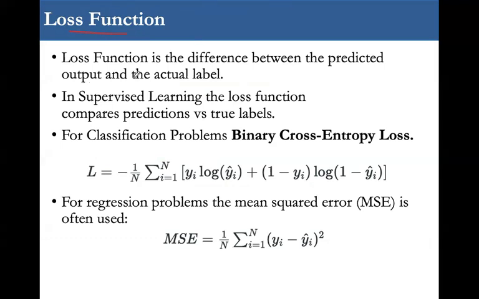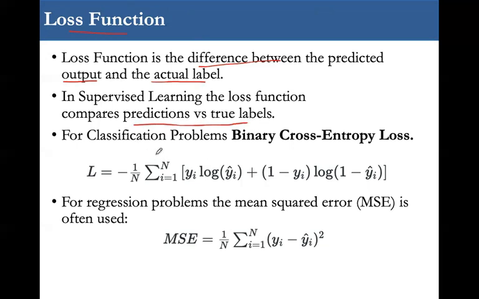It means the error after the network produces an output. The loss function is the difference between the predicted output and the actual label. In supervised learning, the loss function compares predictions with the true labels.